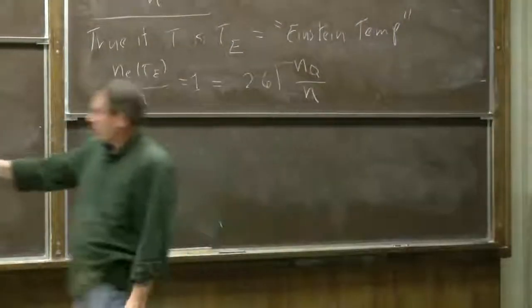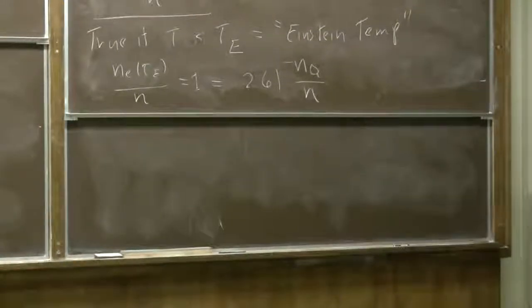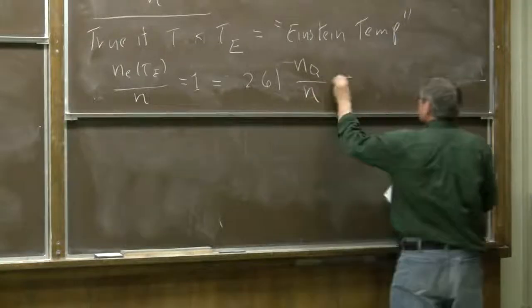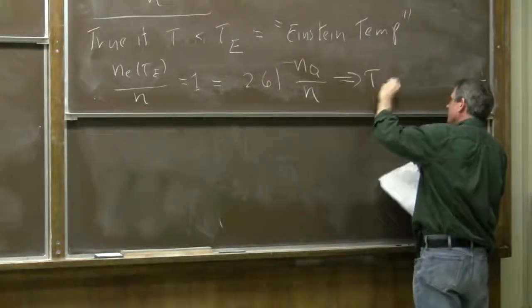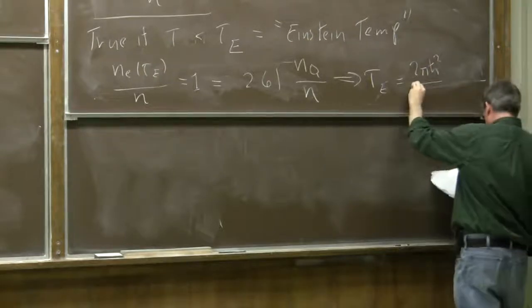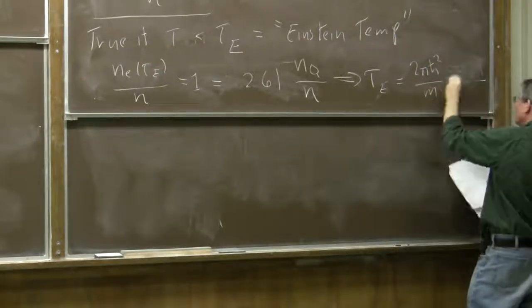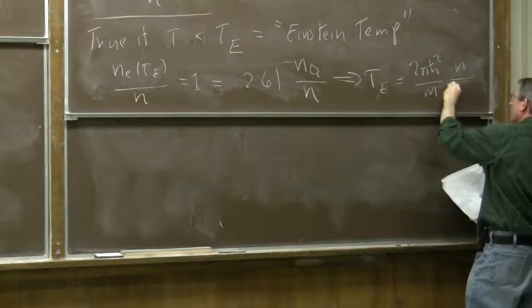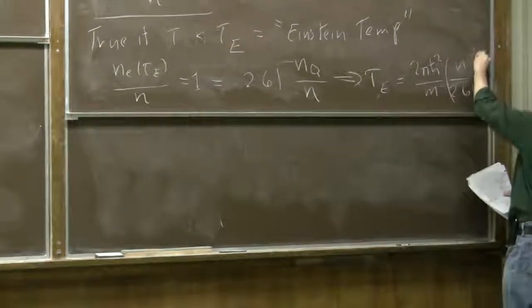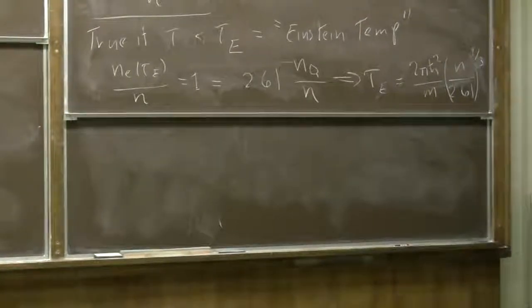This is the expression for the quantum concentration. So the Einstein temperature is equal to 2 pi h bar squared divided by mass, concentration divided by 2.61, to the 2/3. Okay?